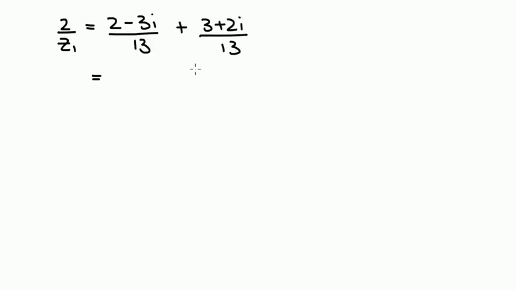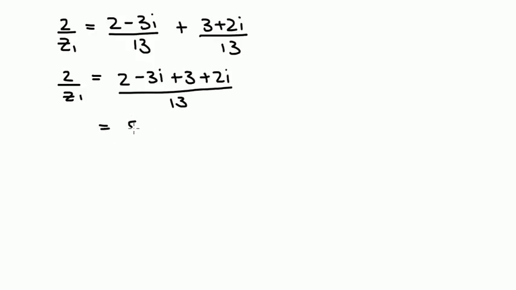Because I have the same denominator for both fractions, I can add the terms on the top. So I get 2 minus 3i plus 3 plus 2i all over 13, which is going to give me 5 minus i over 13.